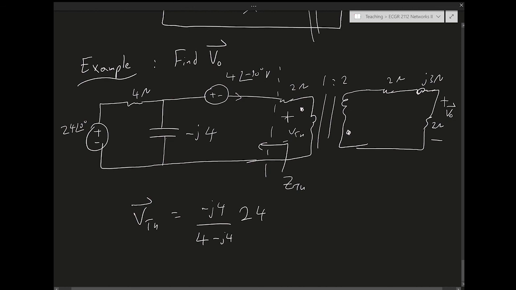But that's not the whole thing. After I find this voltage divider gives me the voltage at this node. The open circuit voltage, or the Thevenin voltage, is the voltage at this node. So I need to take this voltage and subtract from it this voltage. So this is going to be minus 4 minus 90 degrees. What is an angle of minus 90 degrees, right?